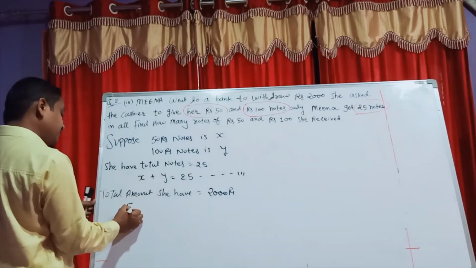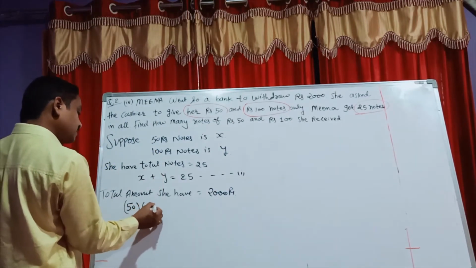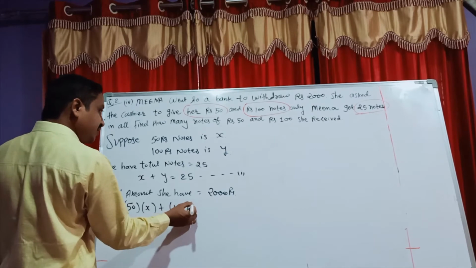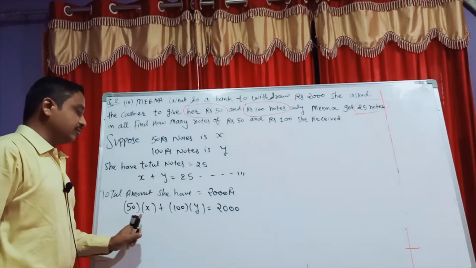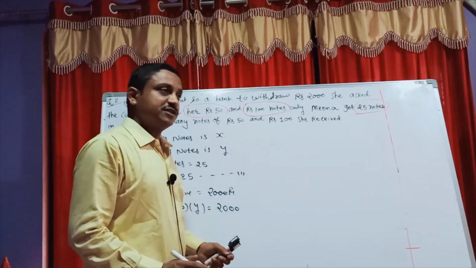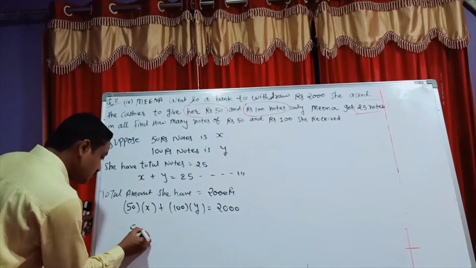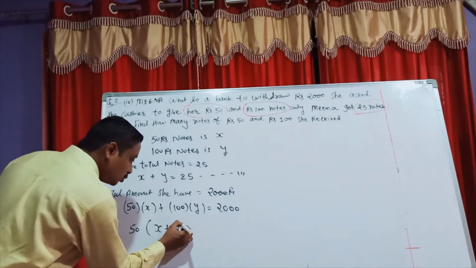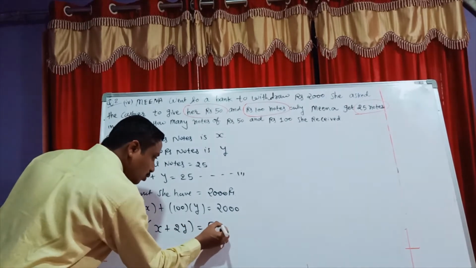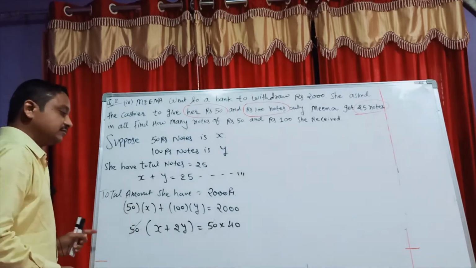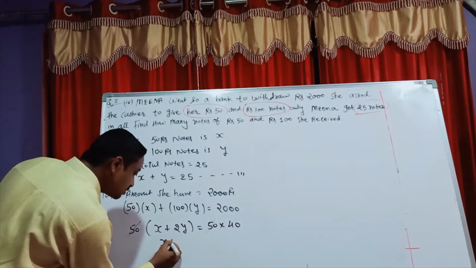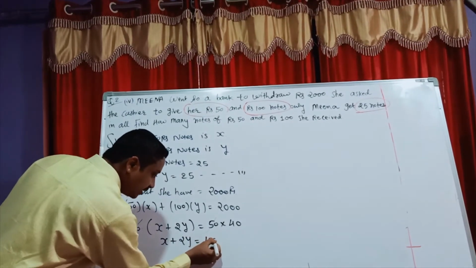So I apply 50 rupees with x plus 100 rupees with y is equal to 2000 rupees. Taking 50 common: 50 times 1, here 2, and here 50 into how much? 40. So this 50 and this 50 cancel. I get x plus 2y is equal to 40.